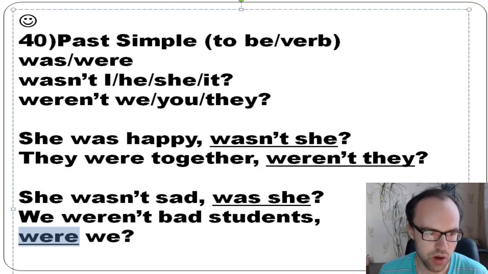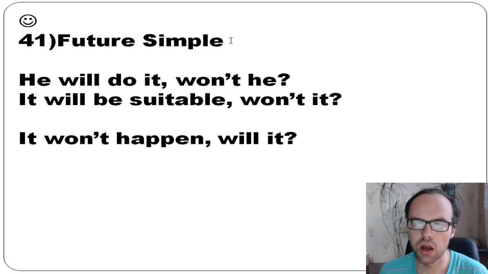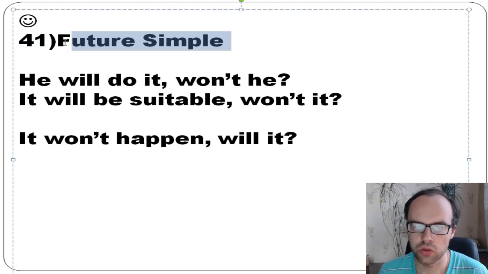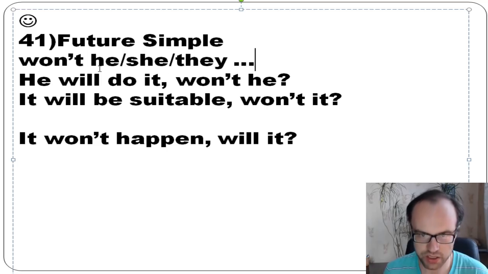Good. Well, let's talk about future simple first. We use tag questions with the help of won't. So won't he, won't she, or won't they, and so on.